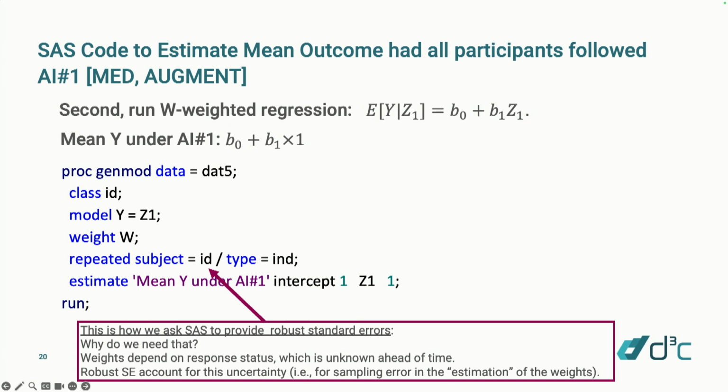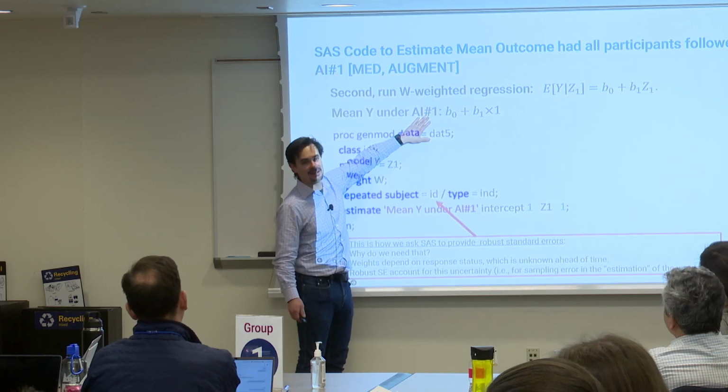So you went into the data. You created a little indicator Z. Did I follow adaptive intervention 1, which just means did I fall into boxes A and B or not? Everybody with me? And you run that regression, okay? But you do it weighted. That's it. It's a weighted regression. And then if I want to know, what's the mean under that intervention?